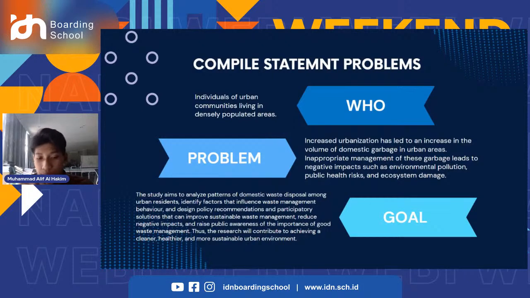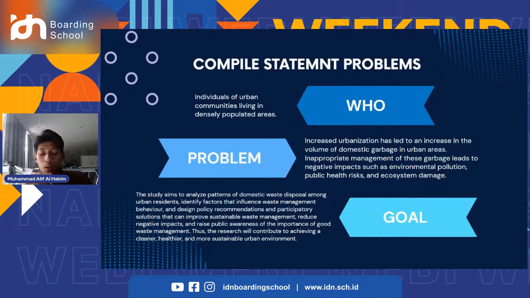ecosystem damage. For the goal: the study aims to analyze patterns of domestic waste disposal among urban residents, identify the factors that influence waste management behavior, and design policy recommendations and practical solutions that can improve sustainable waste management, reduce negative impact, and reduce public illness.